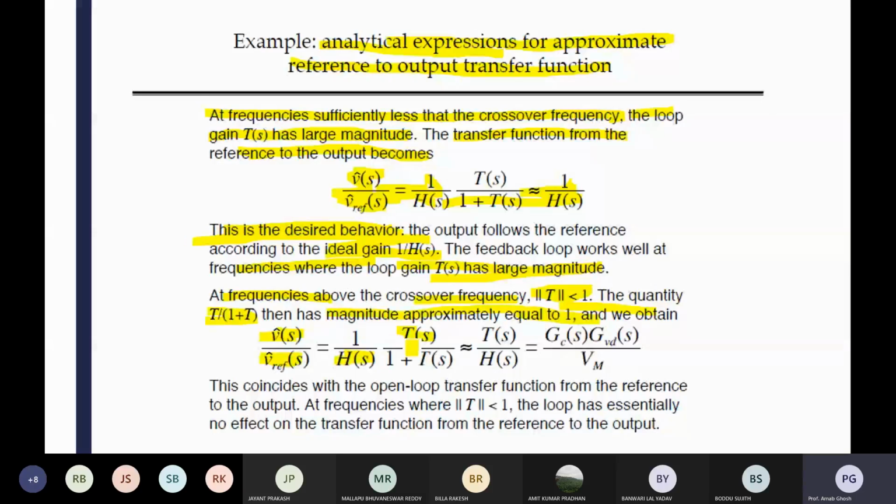Since the T(s) value is less than 1, you can neglect that one. It is not very much less than 1, but it is less than 1, so you can omit that value. So it is coming T(s) by H(s). So you can replace the value of T(s): T(s) equal to H(s) Gc(s) Gvd(s) divided by VM. Then the H(s) cancels.